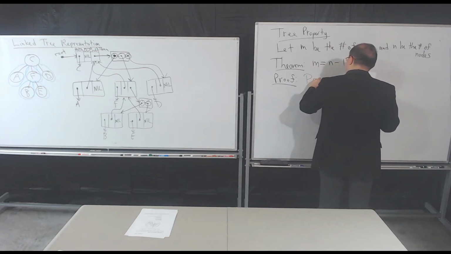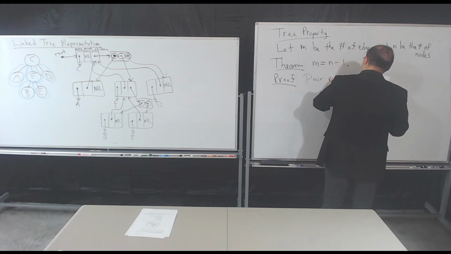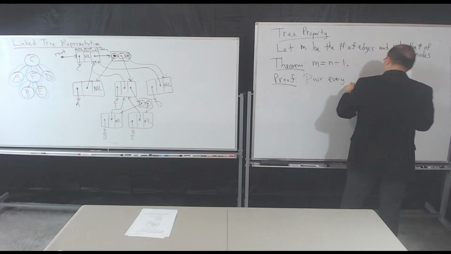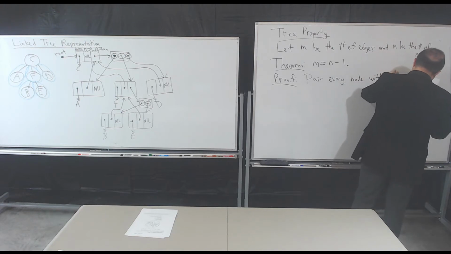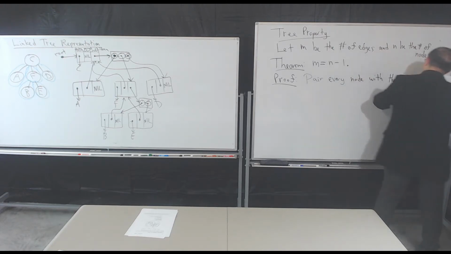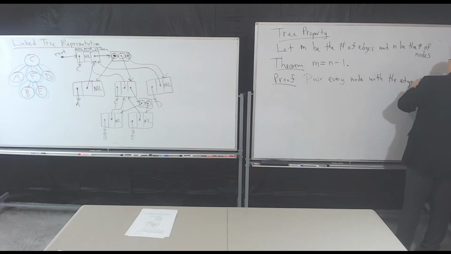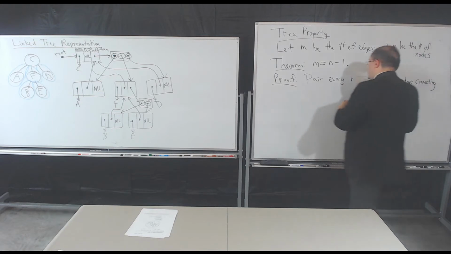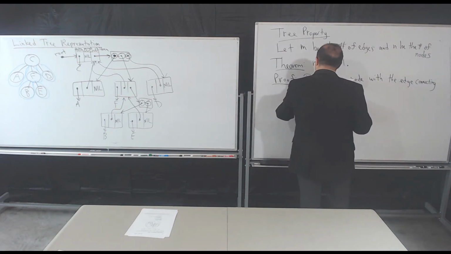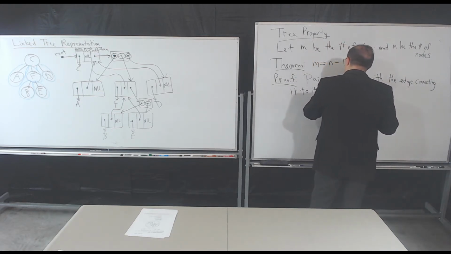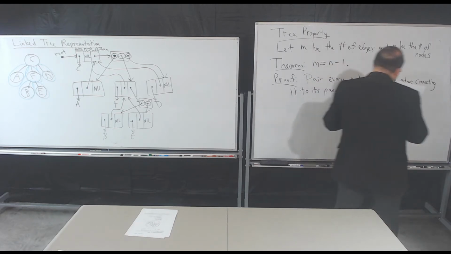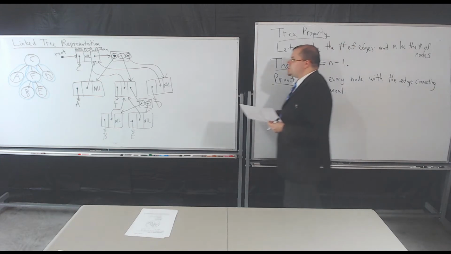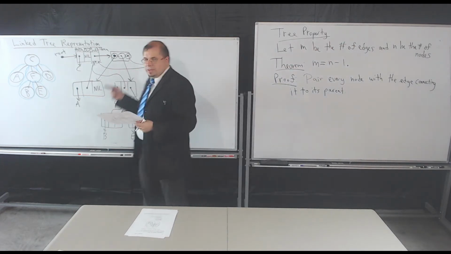So pair every node with the edge connecting it to its parent. Now, if I do this, which node is the only one that does not get paired with any edge?